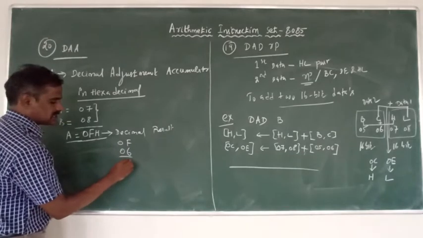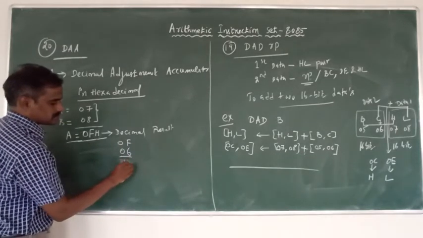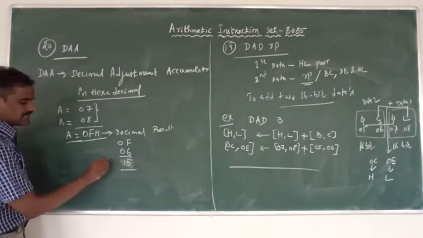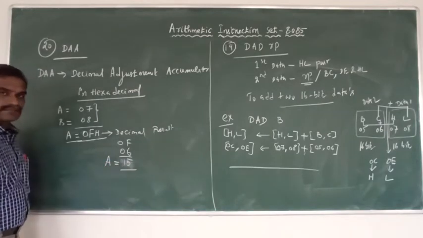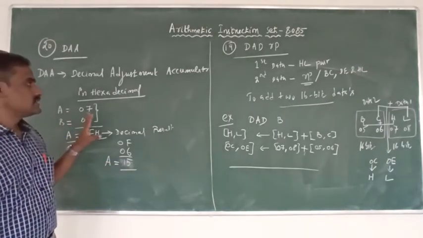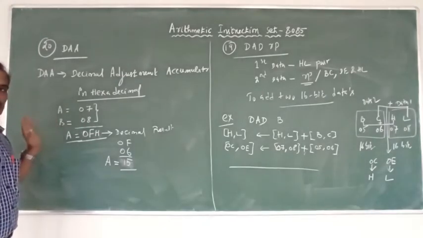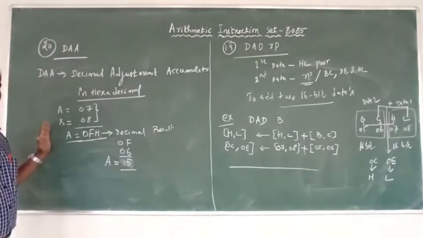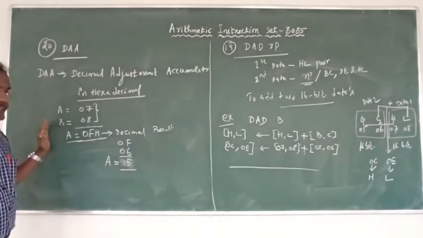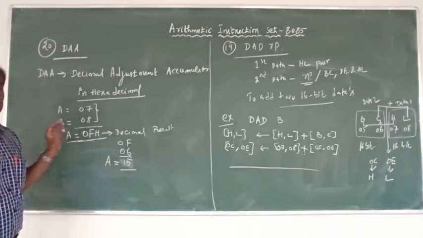Now the result is 15. It will change into accumulator 15. Okay, the given two data. Now add these two data, any ALU operation, the result is in hexadecimal.